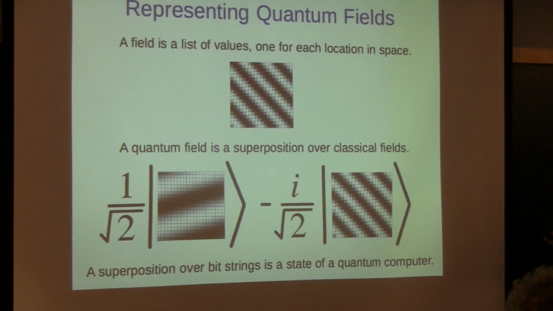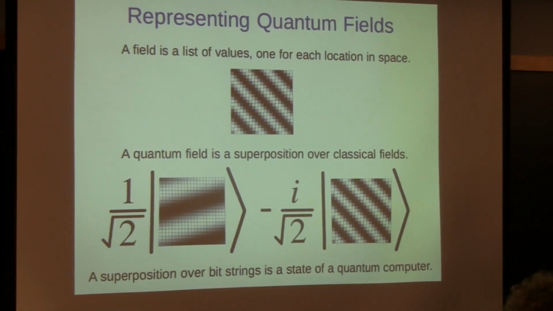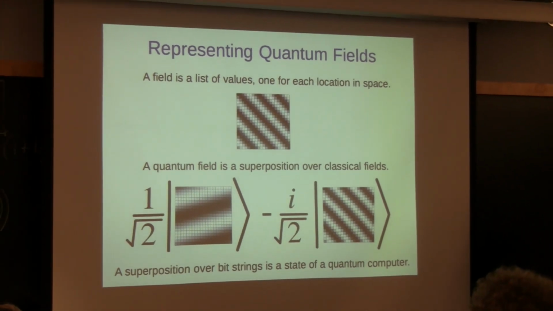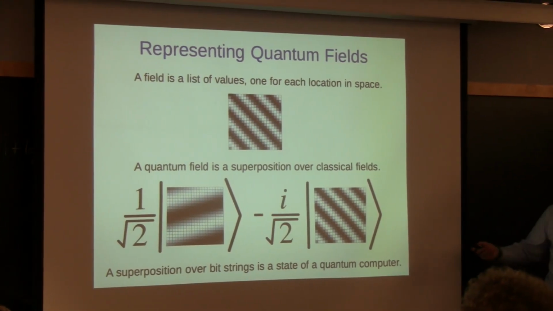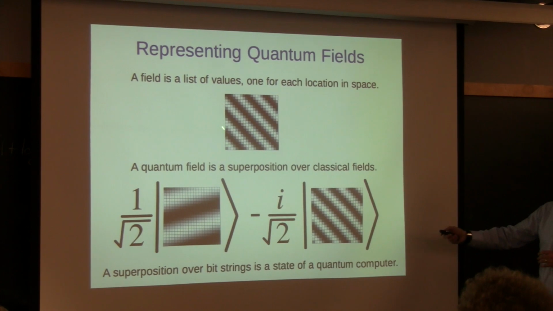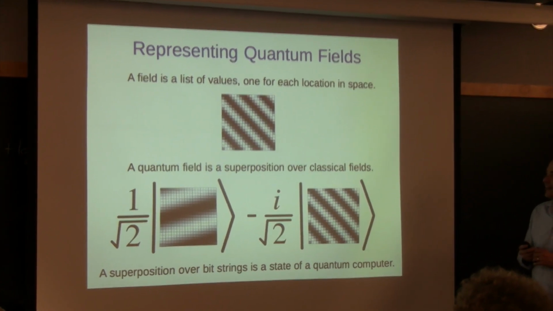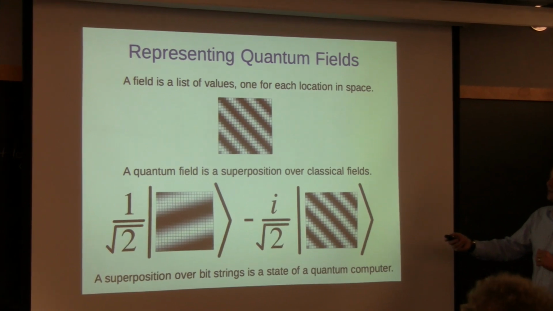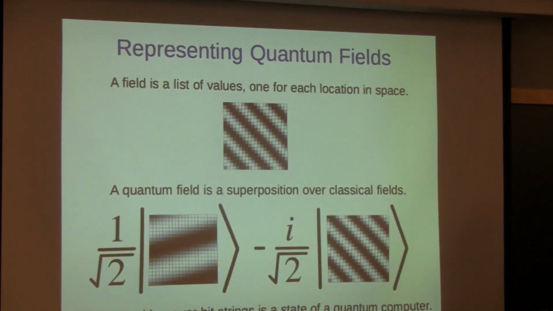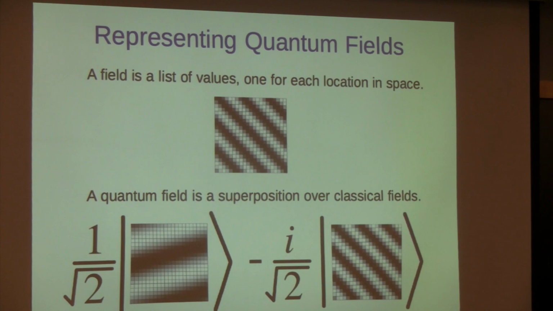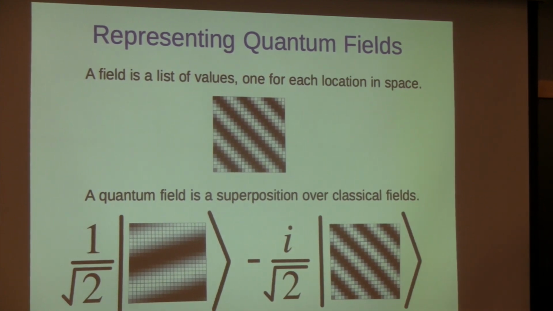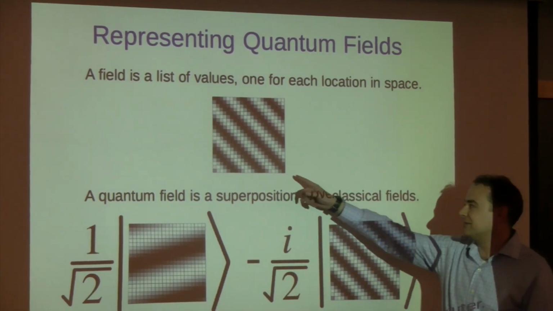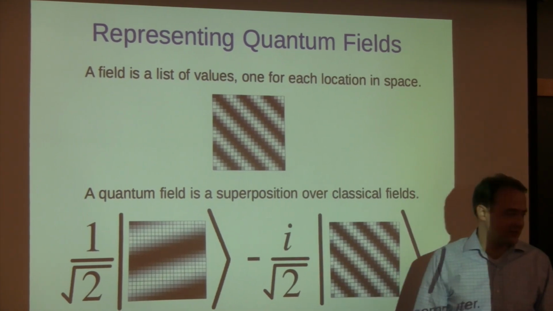So first of all, how are we going to represent quantum fields on our quantum computer? Once you discretize space into some kind of grid, the field will reduce to just a list of numbers, the value of the field at each of these grid points. And each of those values can be approximated by writing down bit strings with some number of bits of precision.